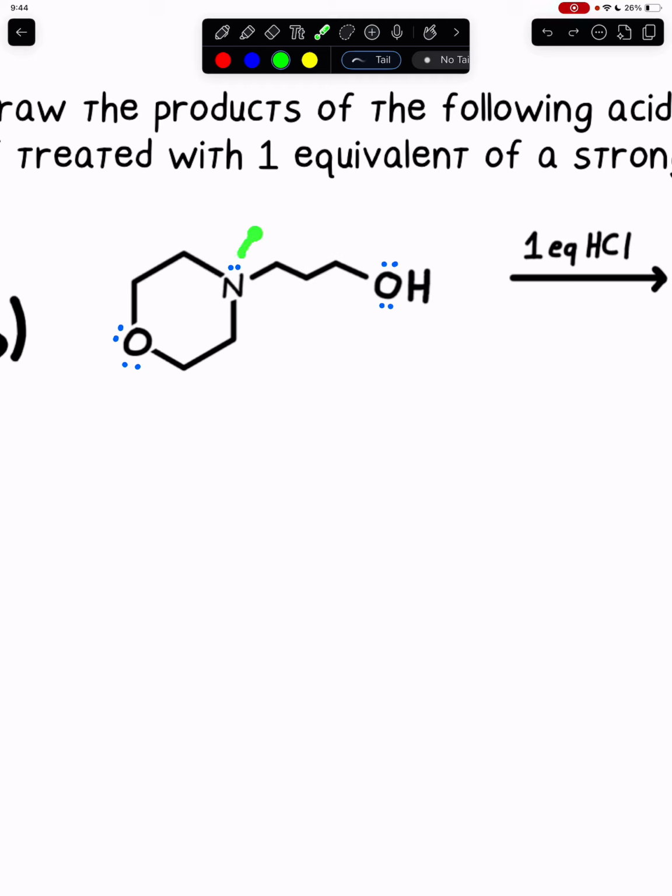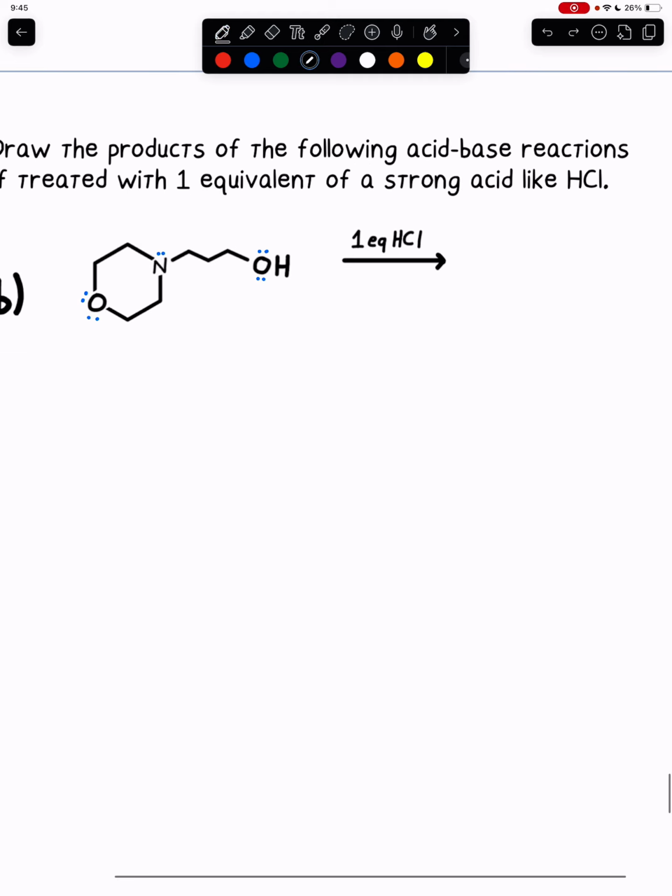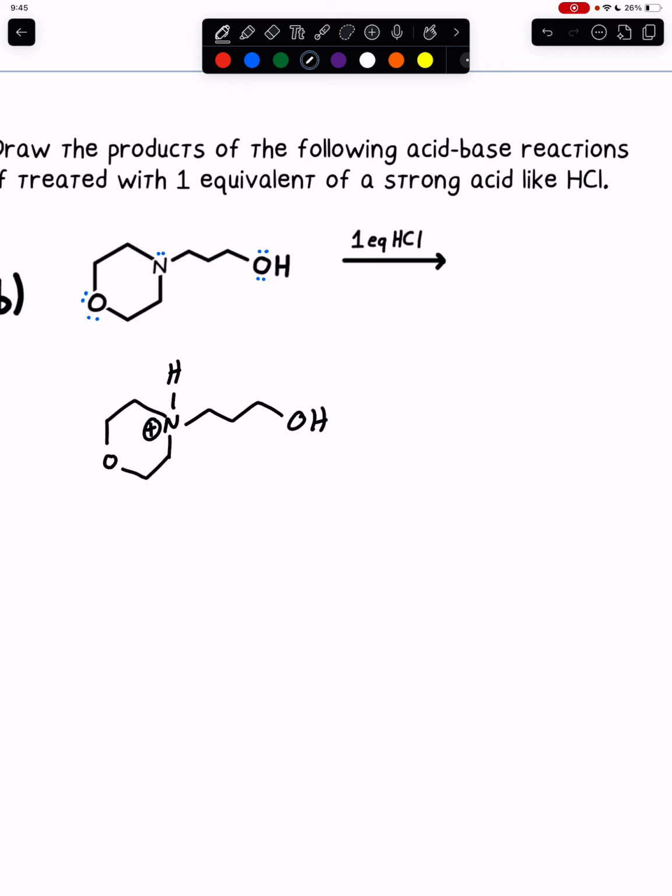It's not hanging on to these electrons as tightly, so they're more available to act as a base and grab that proton. So we already know the nitrogen is the thing that is going to get protonated here, okay? So the product of this one is going to be this species here, where the nitrogen gets protonated, and it ends up with a positive charge.